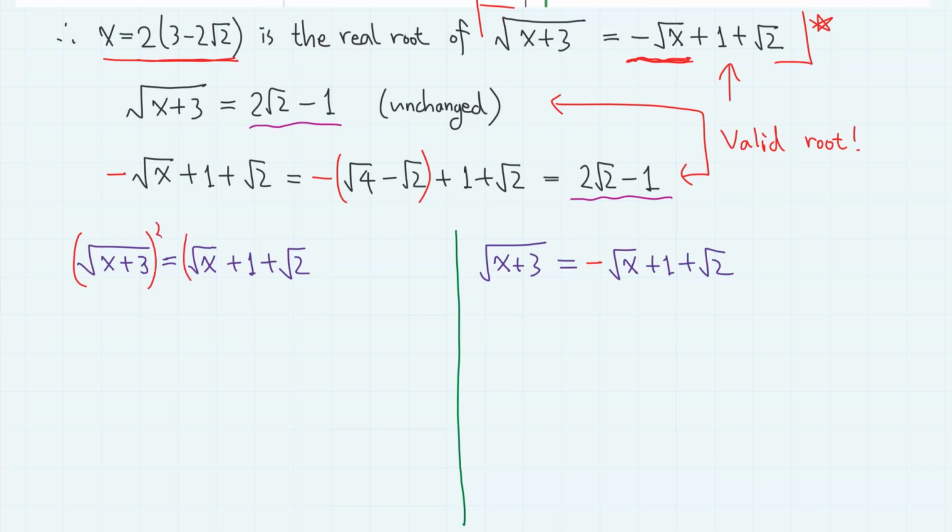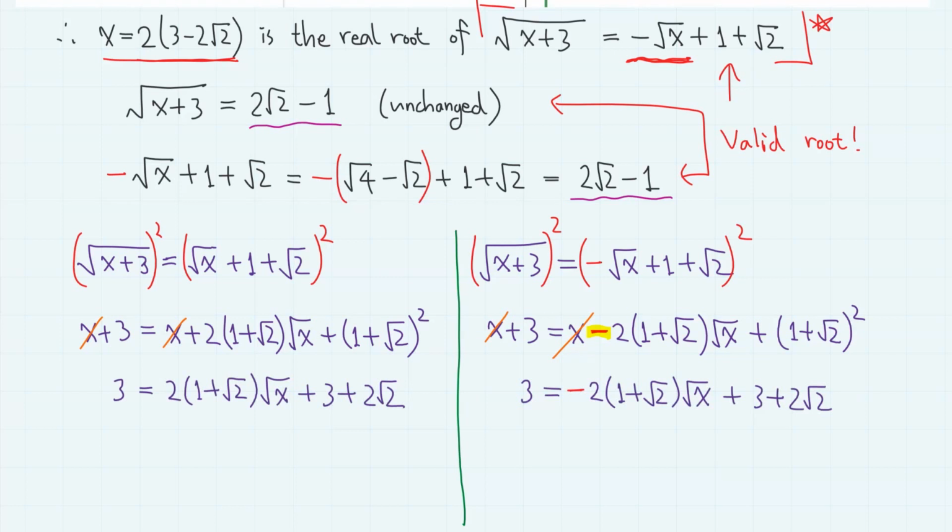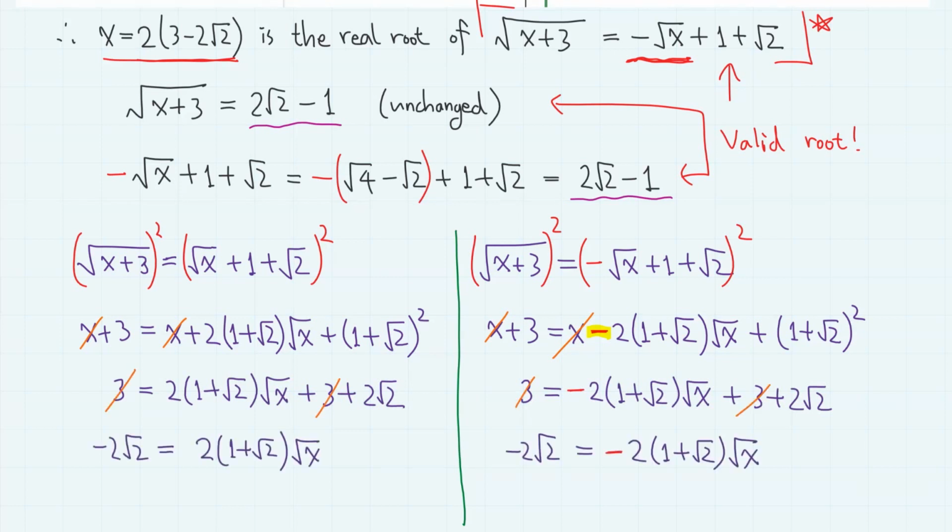First, we square. The only difference is that now we have a minus sign here. Then we cancel x, so we have these, and we cancel 3, which gives these.